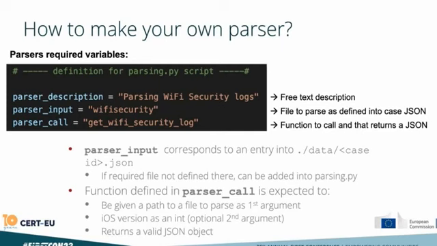And each parser also has an optional argument in the function called parser that is linked to the parser call. So in this case, get Wi-Fi security log, for instance. And I can show an example of a parser if there is an interest. It can take as an option an iOS version as an integer. So we do have some parsers, if you look at the code, that support, for instance, iOS 13.